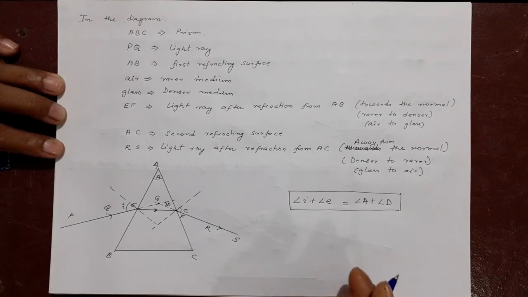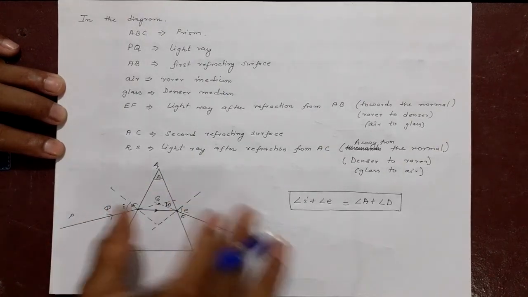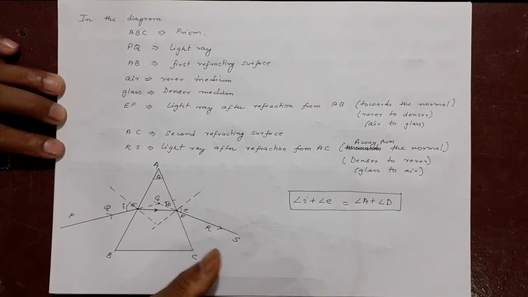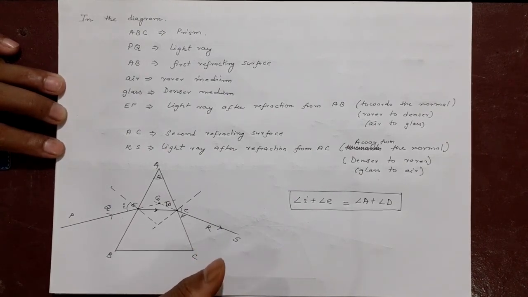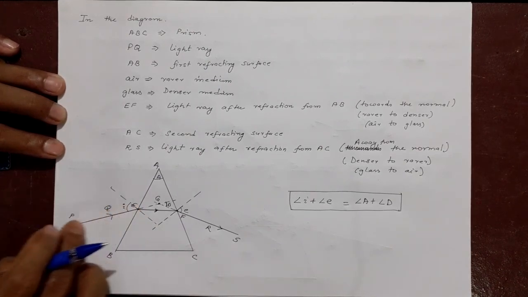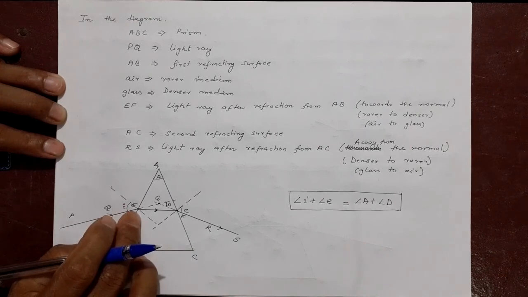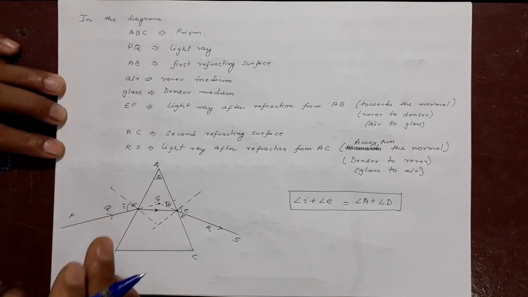Why are we studying angle of deviation? Because the refraction is decided by the deviation. If deviation is more, you have high refractive index. If the wavelength of the light used is longer, then the refractive index of the material of the prism is low.